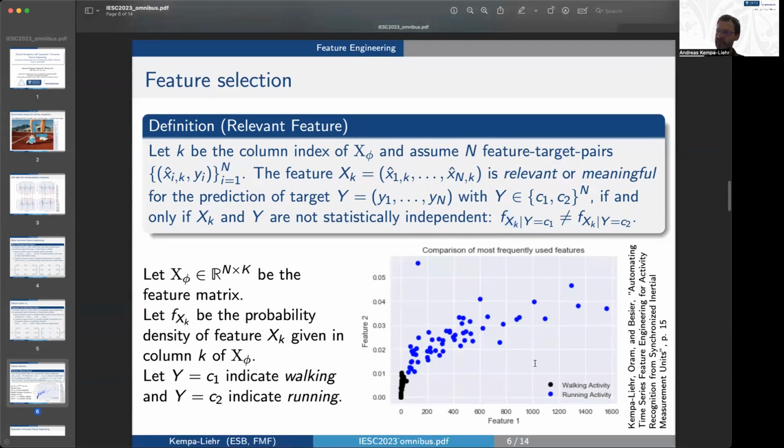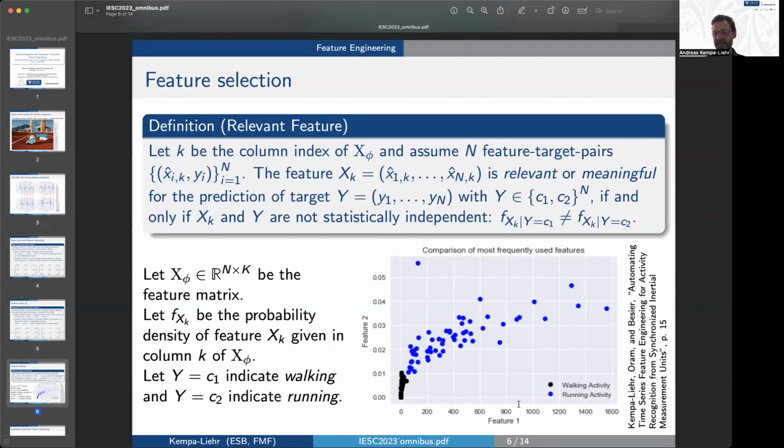Now, in this specific example of discriminating running and walking, this can be seen in the scatter plot. So here we have picked two time series features, which will be discussed later. And we have created a scatter plot showing the two different activities with different colors. So the black dots refer to walking and the blue dots refer to running.